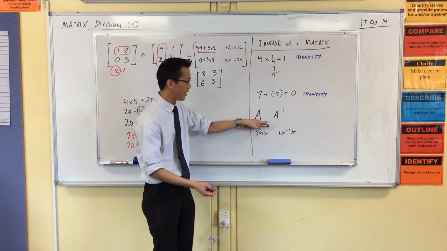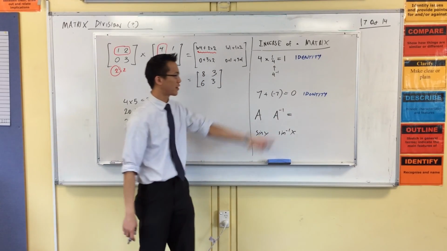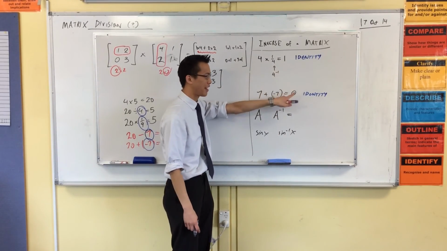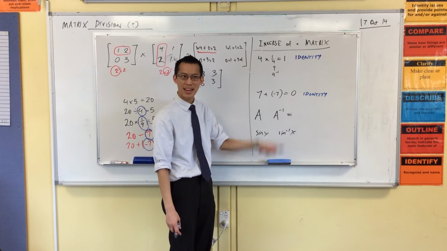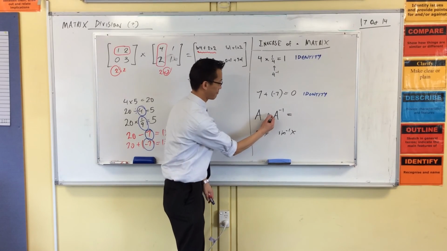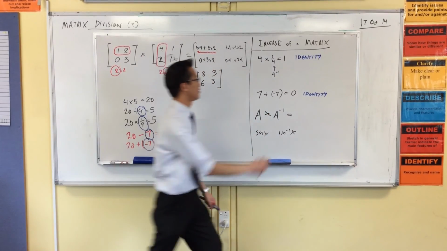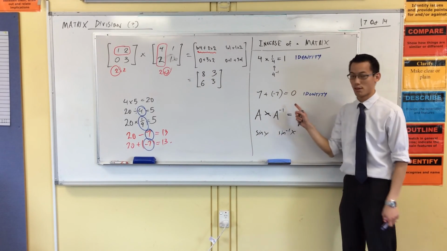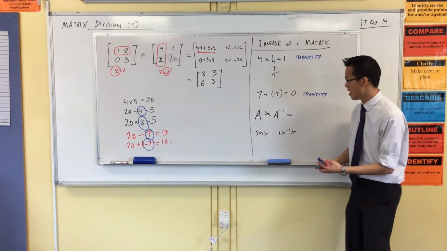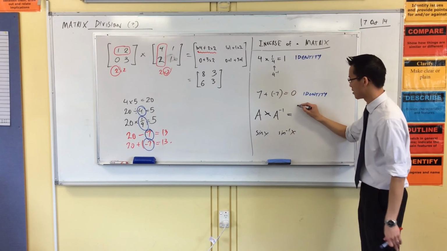Okay, so what have I got here? I'm not going to end up with 1. I'm not going to end up with 0. What should I end up with when I put these together? Well, the identity for multiplication is 1. The identity for addition is 0. The identity for matrices is, well, do you remember what this looked like?